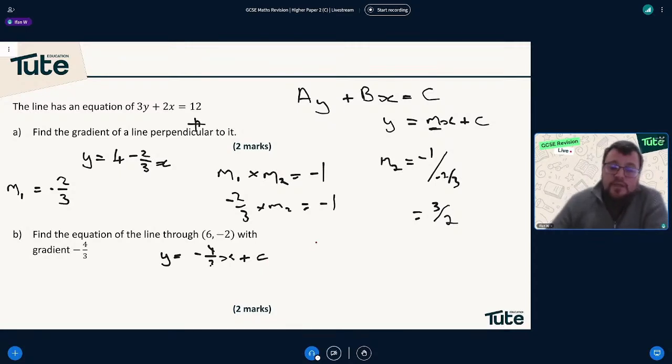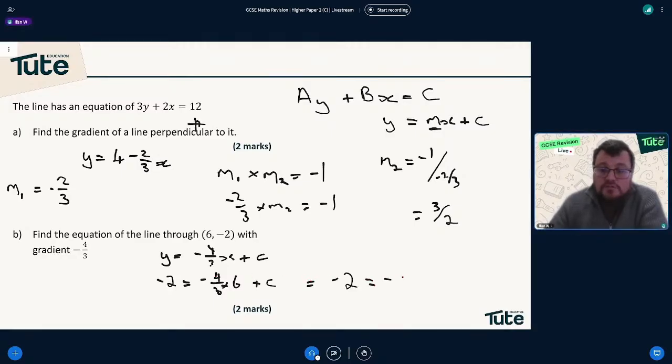So what we're going to do is find it by inputting y as negative 2 and x as 6. This is a nice one because 6 divided by 3 is 2. So negative 2 is equal to negative 8 plus c, and c has a value of 6.